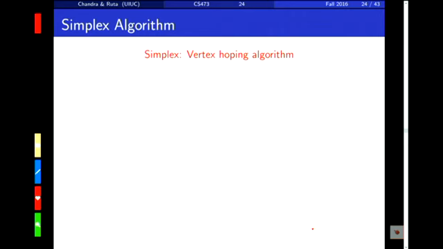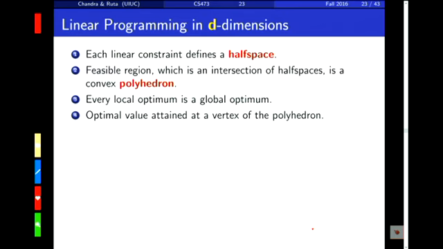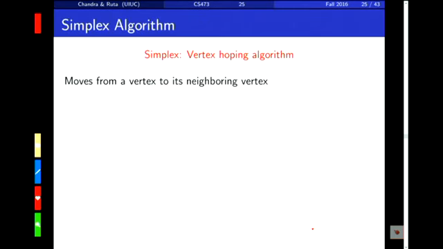Okay. So I don't think I should start simplex, but it is basically just a vertex hopping algorithm. You move from vertex to vertex, and eventually you will reach an optimum vertex. So you start from some arbitrary vertex, go to a neighbor. If it is not optimum, then you go to its neighbor, and so on.